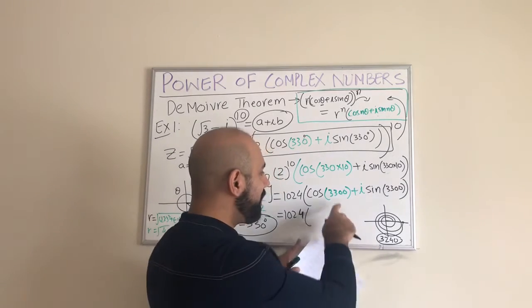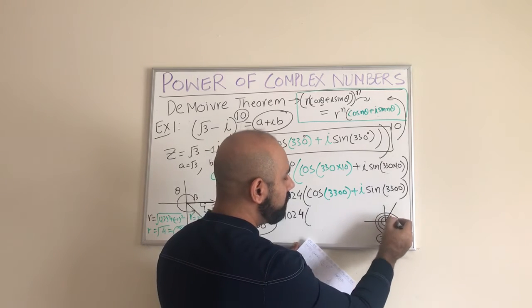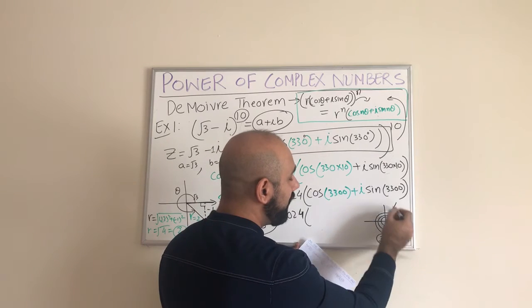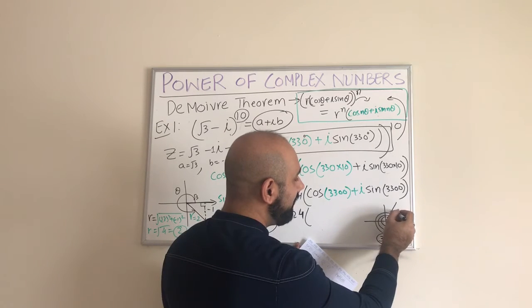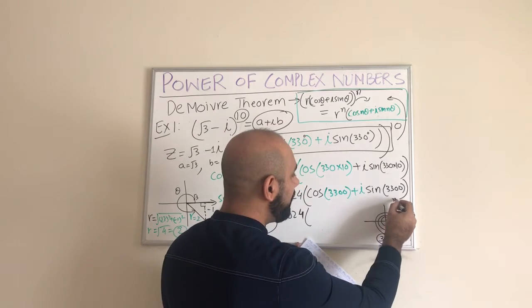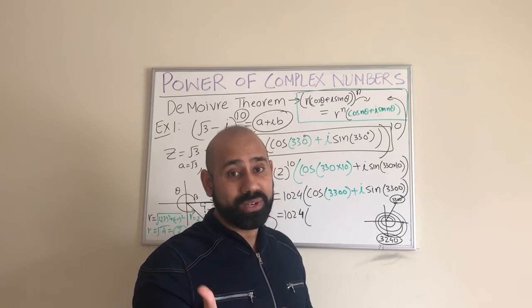And then finally to get to 3300, I just had to go 60 more. So once going around 9 times, and then the extra 60 degrees to get to 3300 degrees, basically 3300 degrees is coterminal with 60 degrees in the first quadrant.